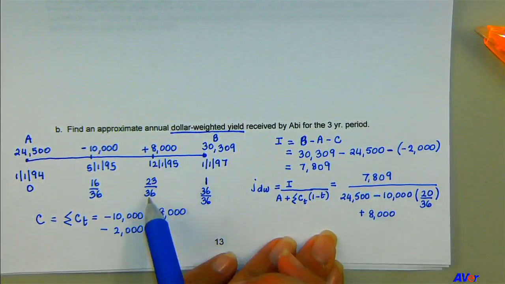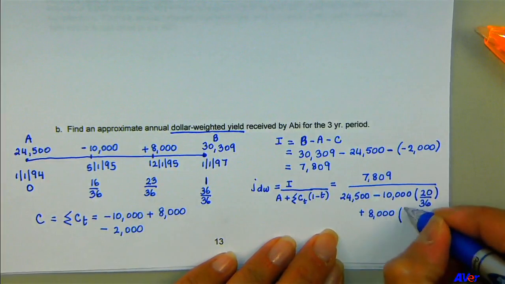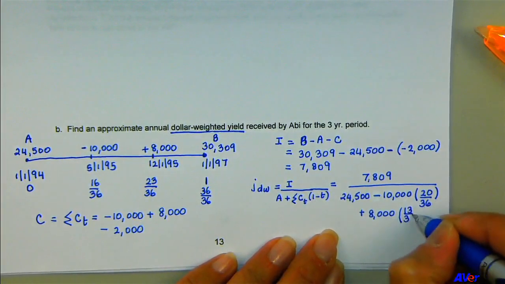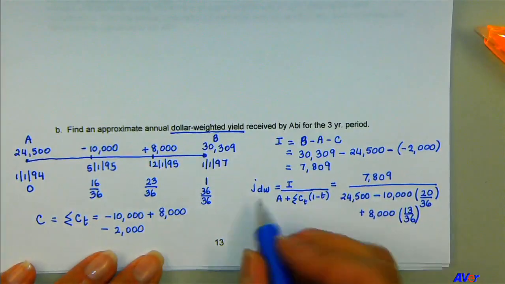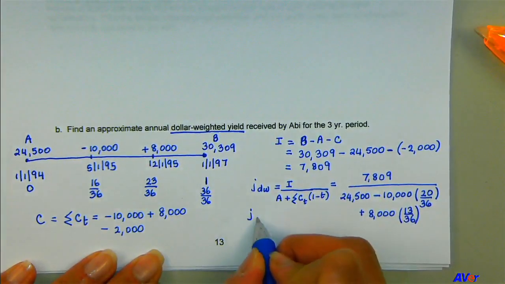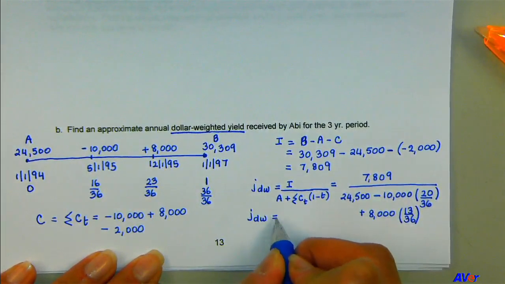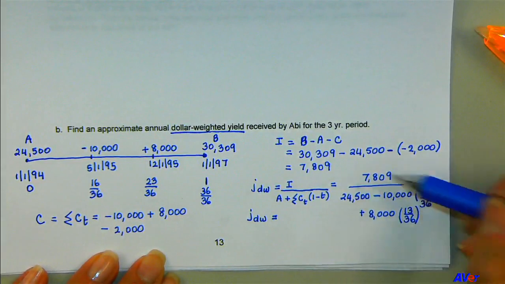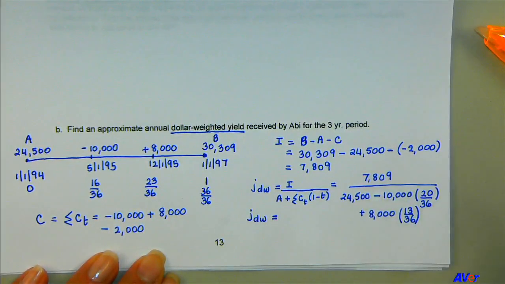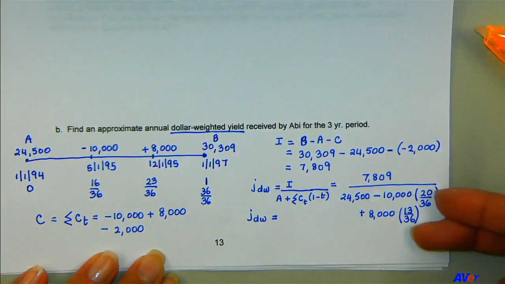This occurs at time 23 out of 36, so what is left is 13 out of 36. So can you please get me a number for J dollar weighted? The denominator consists of all this stuff.